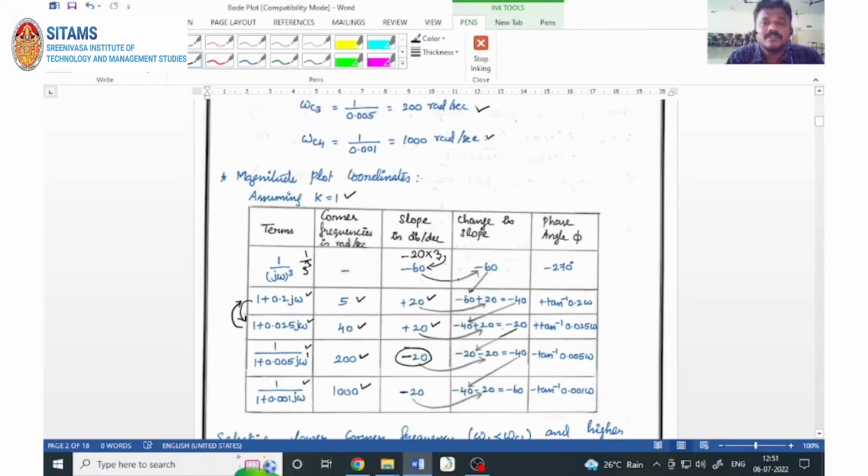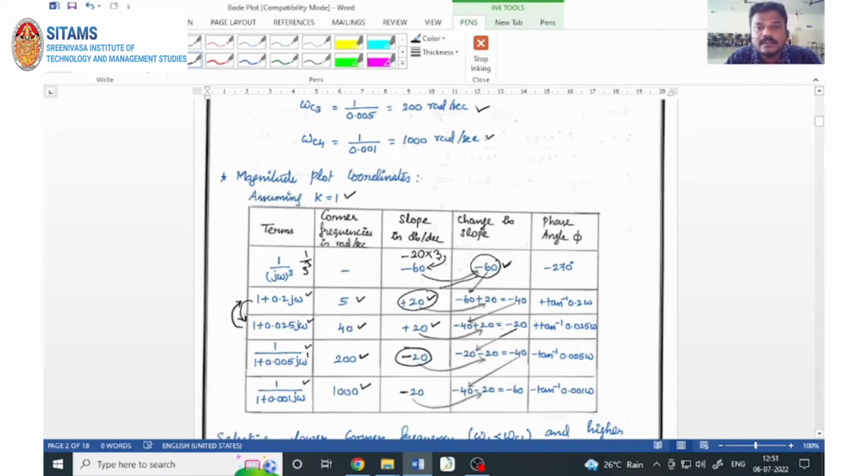Very simple. For the first term, whatever slope you have, the same value you put in the change in slope. Here I got minus 60, so minus 60 will be the change in slope. And for the second term, what is the slope change? It is the sum of the change in slope of the previous term and the present term's slope. The previous term's slope change is minus 60, which is added to plus 20, giving minus 40.